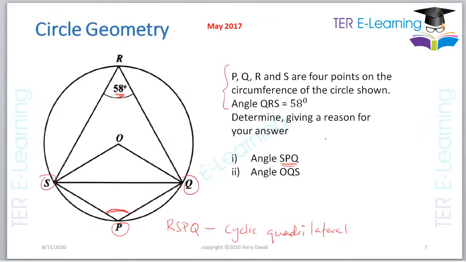So therefore, SPQ is simply equal to 180 degrees minus 58 degrees, which is equal to 122 degrees. So yes, that is correct. The answer is 122 degrees.